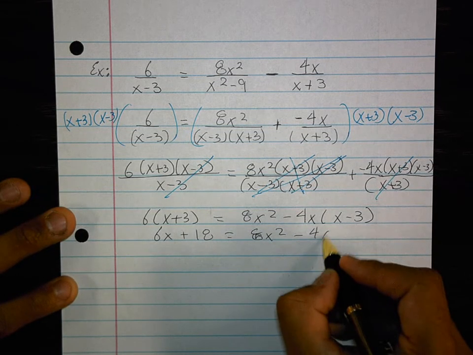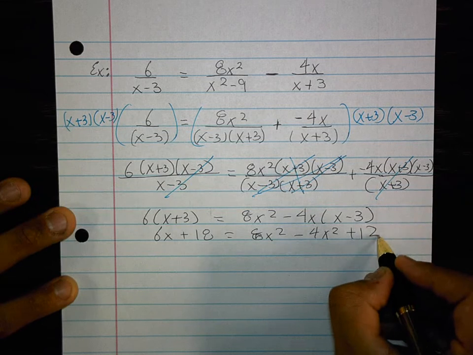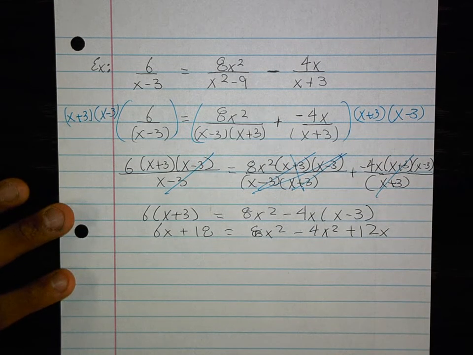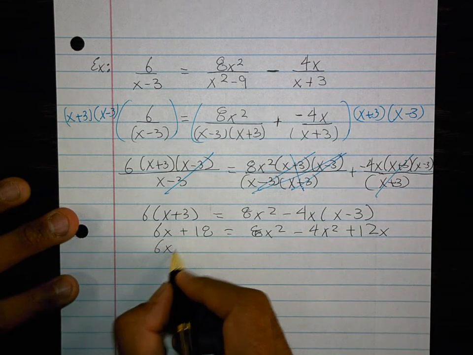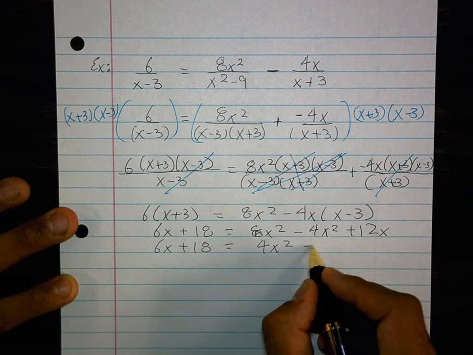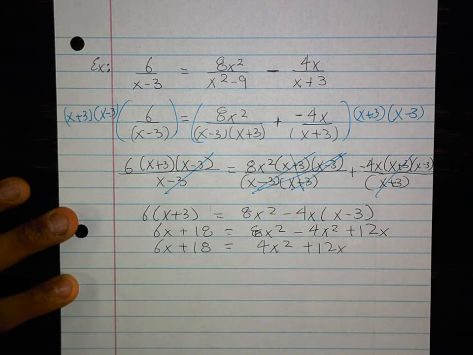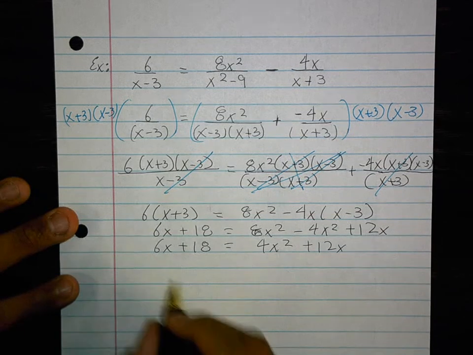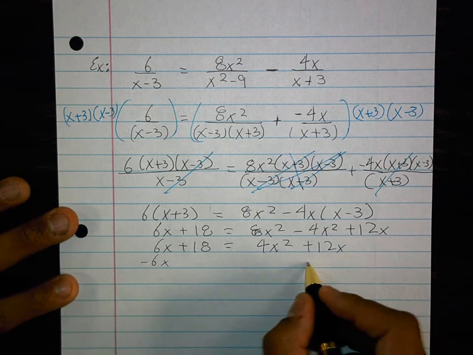Minus 4x squared plus positive 12x. And then we're looking at, keep on simplifying over here, 4x squared plus 12x. Remember, you want to keep this positive, so I'm going to move everything this way.